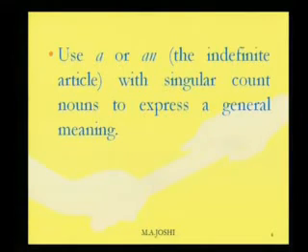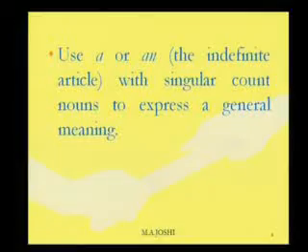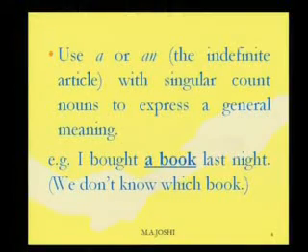For example, there is a diary, there is a book, there is a pen drive, etc. We are not specified with anything, but we are talking in general. For example, I bought a book last night. Here we are not very sure which is the book, so we can say I bought a book. Any book can be there.